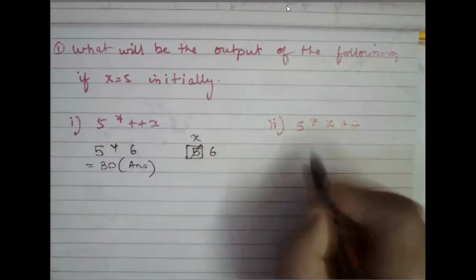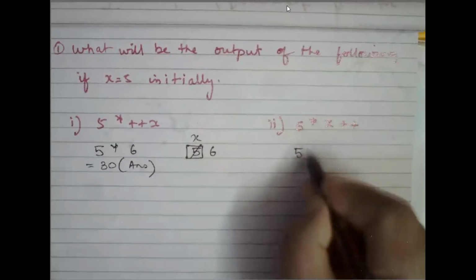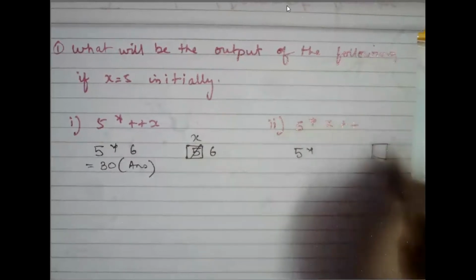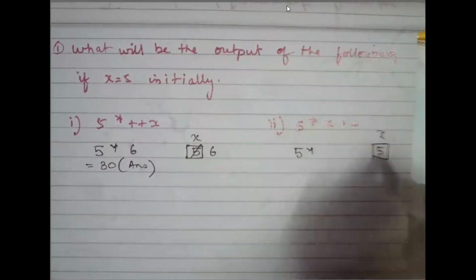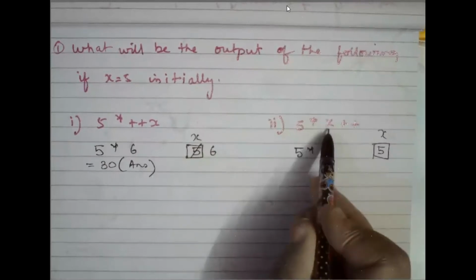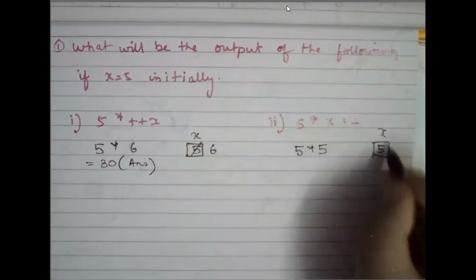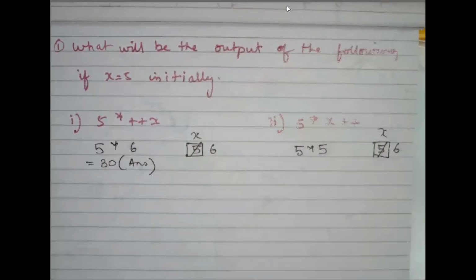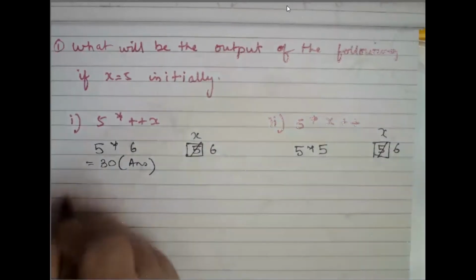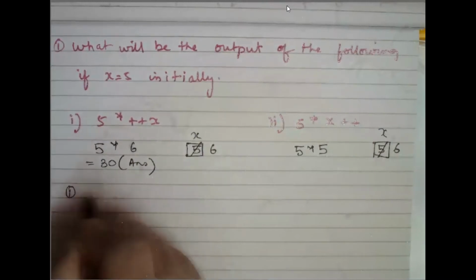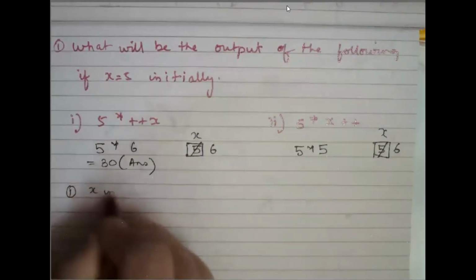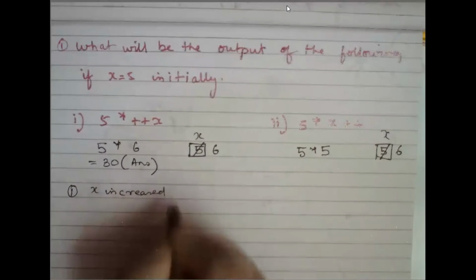But over here, what will happen? 5 into x. Suppose this is my box, here 5 is stored. So now immediately you can see x has come, so this value 5 will come over here. Later on, this will change to 6. So what has happened in this process? First, you will see that x was increased to 6.